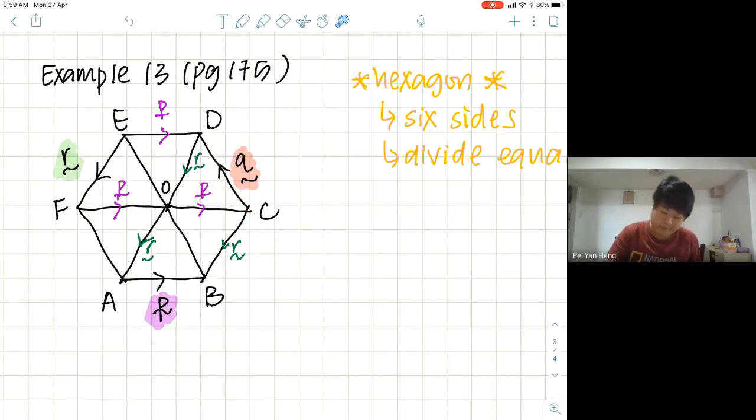Those that are equal to vector Q would be this OE, in the same direction, BO, and AF. It's very messy here, but I hope the color coding will help you to orientate yourself a bit on the hexagon.